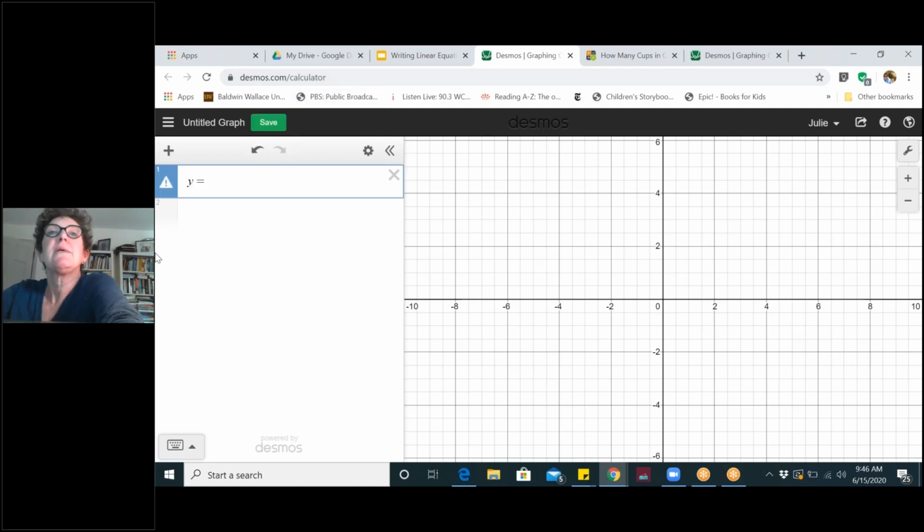So y equals 5x plus 2. Notice how quickly that graphs the line for you. It's kind of amazing, isn't it?